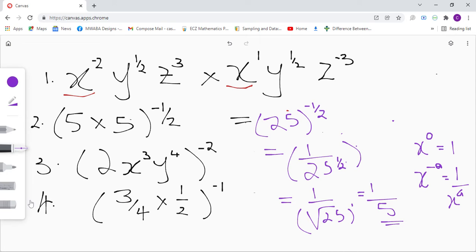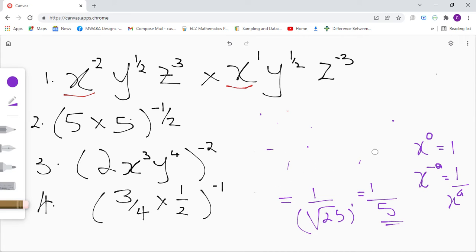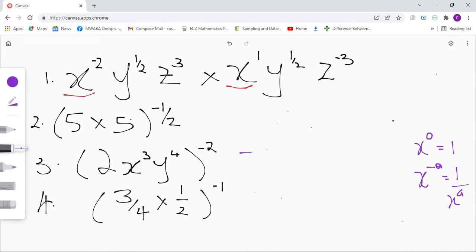Okay, we go to example 3. Right, we have 2x to the power 3, y to the power 4, raised to the power negative 2. So what we're going to do is distribute this negative 2, right?